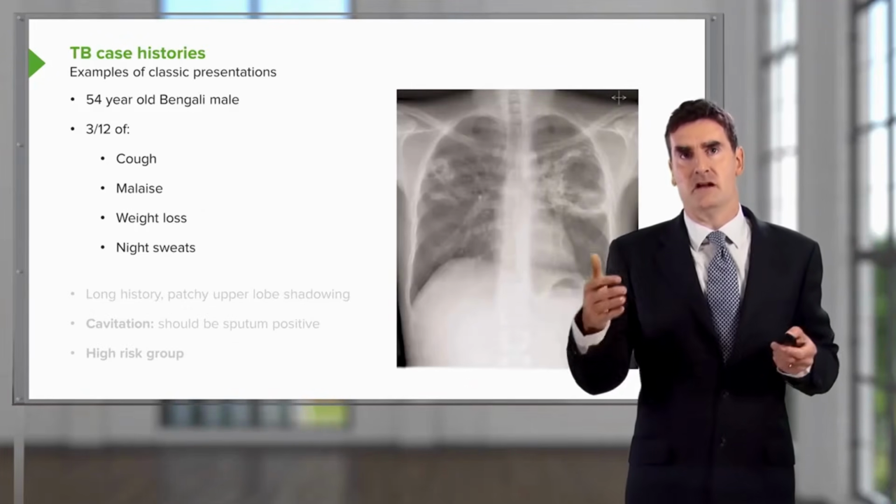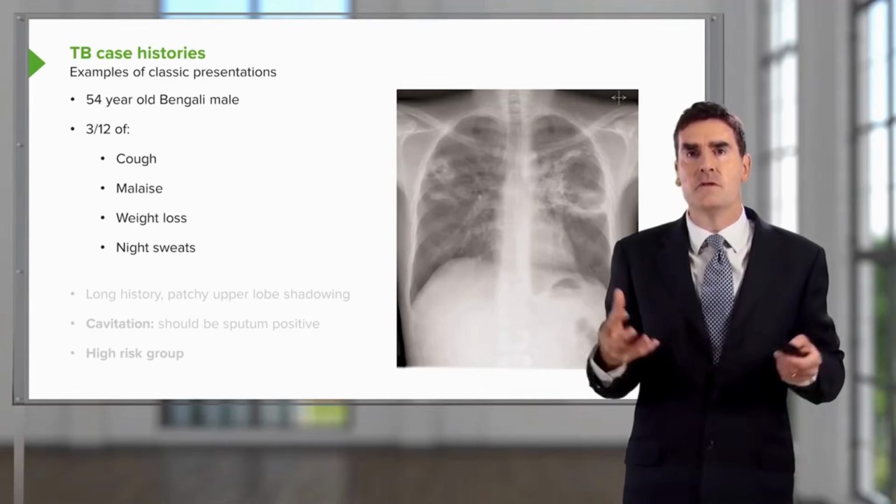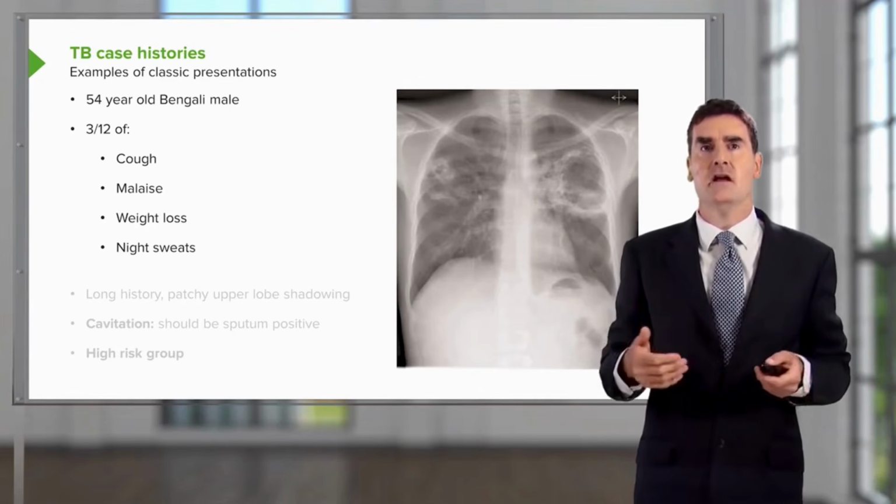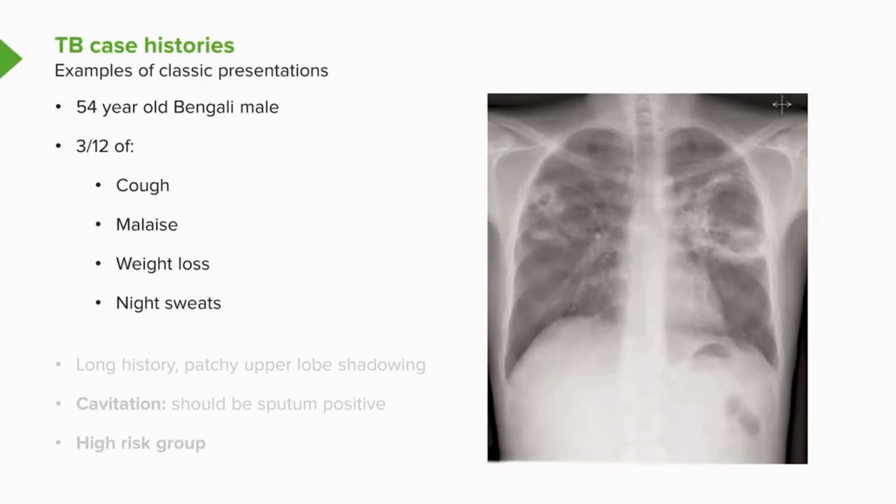So just to give you a couple of case histories to give a feel for how this disease presents. This first patient is a man from India. He's had a 3-month history of the systemic symptoms of weight loss and night sweats and feeling not very well. And with that, he's had a cough. And if you can see the chest X-ray, what you can see is bilateral apical disease here. And there's cavitation present.